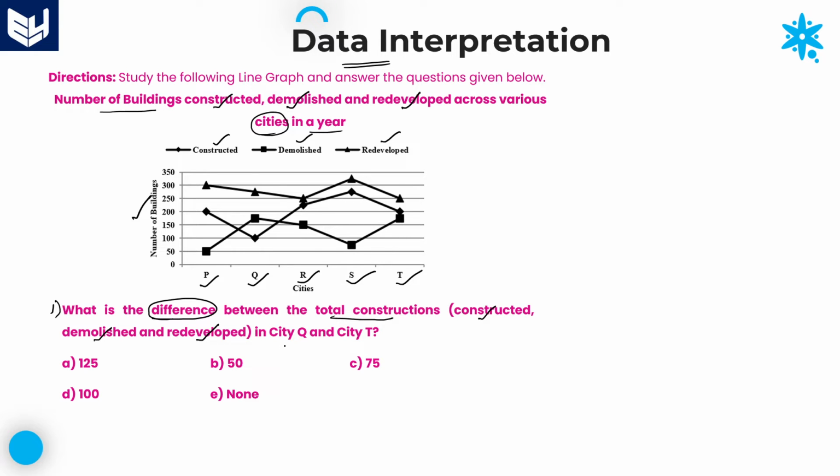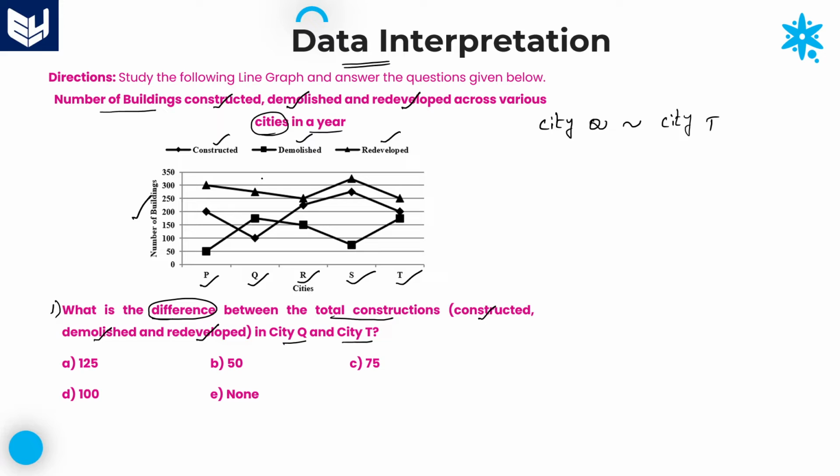Total constructions in city Q and city T. We need to calculate the difference between these two values. First, city Q values.